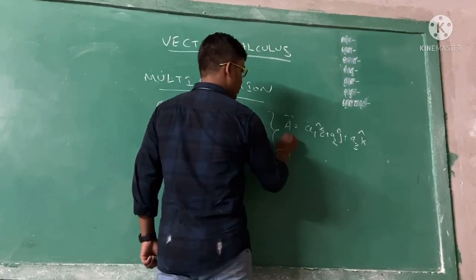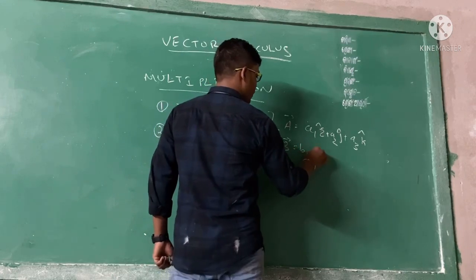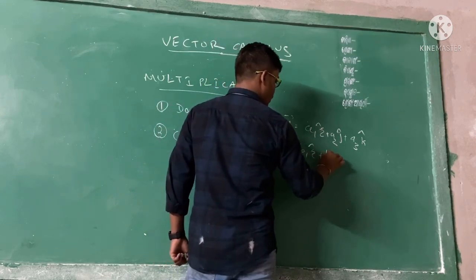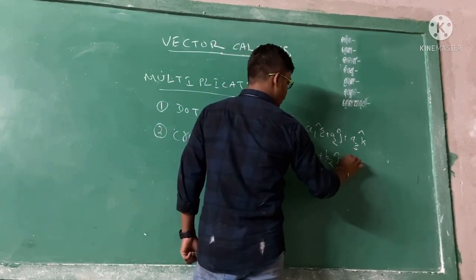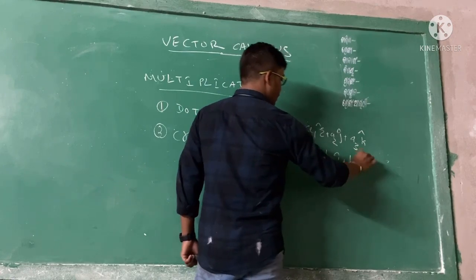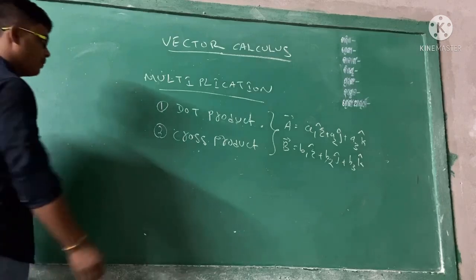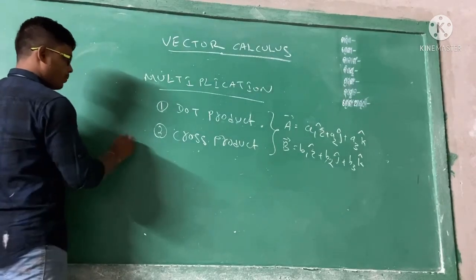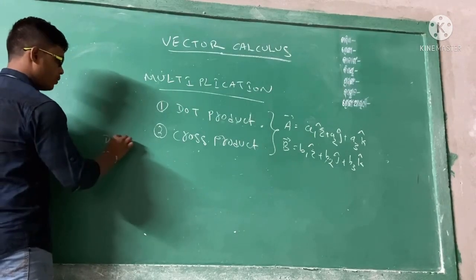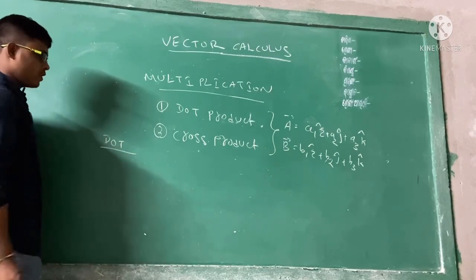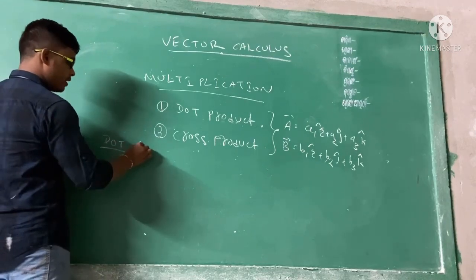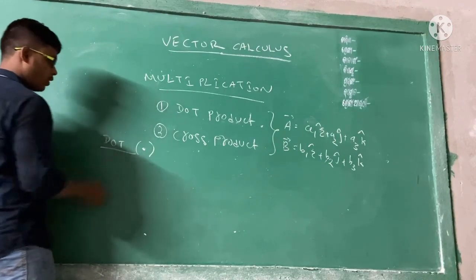Let vector a be a1 i cap plus a2 j cap plus a3 k cap, and vector b be b1 i cap plus b2 j cap plus b3 k cap. Here a1, a2, a3 are magnitudes and i cap, j cap, k cap are directions, so a and b are vectors.